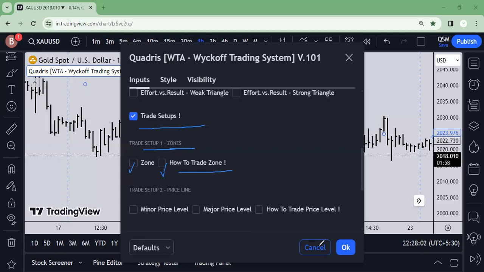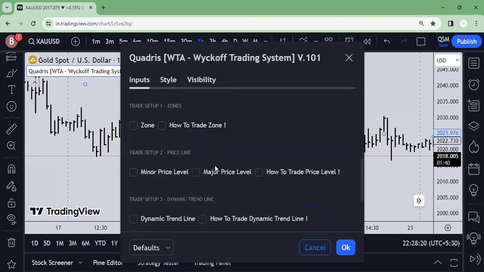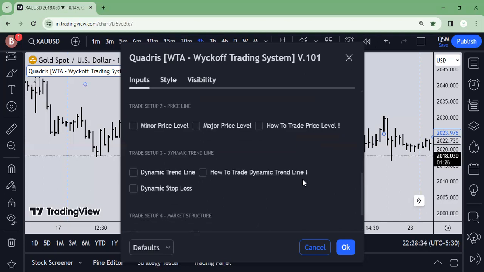Okay, so in the same manner, if your trade setup one is trading based on zones, then you will have how to trade with those zones. Trade setup two, price line, minor and major price levels. And in the last, you will get how to trade price levels.